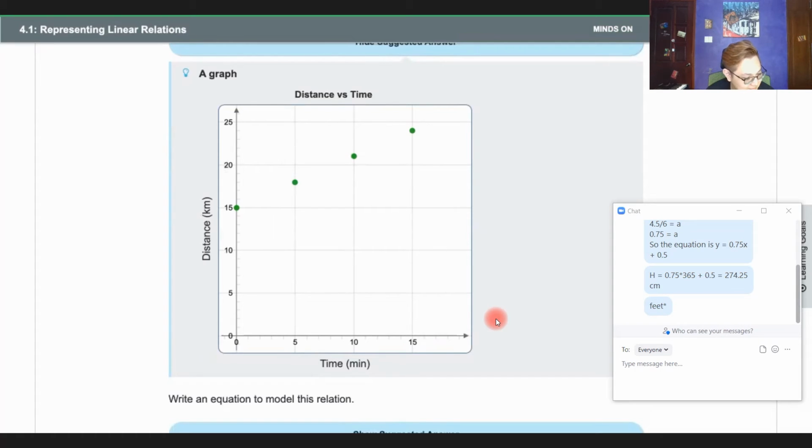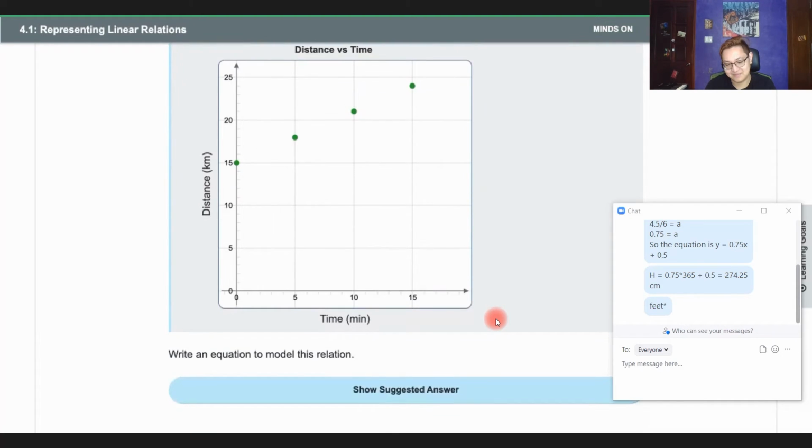So the equation would be... 15. No, it would be distance equals... an equation to model this relation.